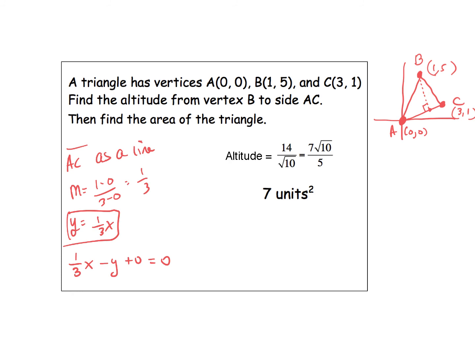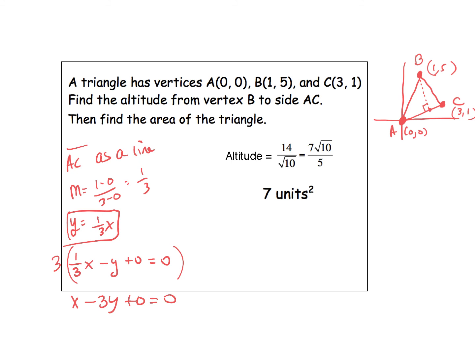What can I do? Multiply it by 3. So then that makes this equivalent to x minus 3y plus 0 is still 0. So now I do have a clear-cut a, which is 1, and b, which is -3.